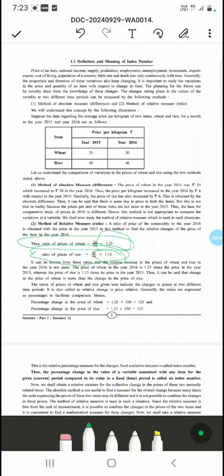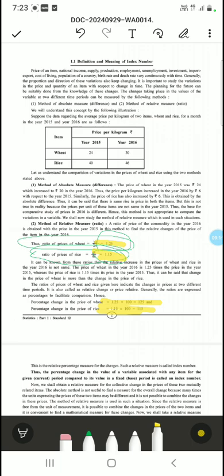And for simplicity, you will just multiply these numbers by 100. 1.25 into 100 is 125. And the same way for rice, 1.15 into 100 is 115, right? So the values which I have got are 125 and 115.